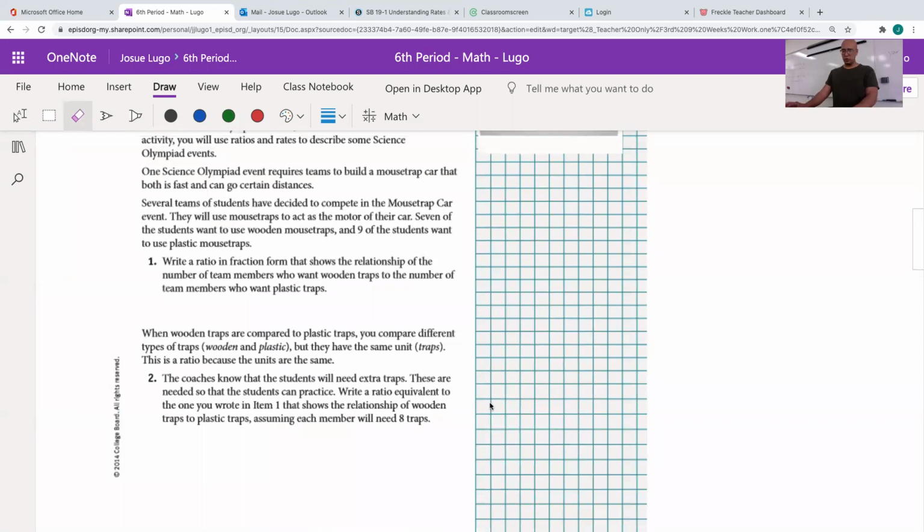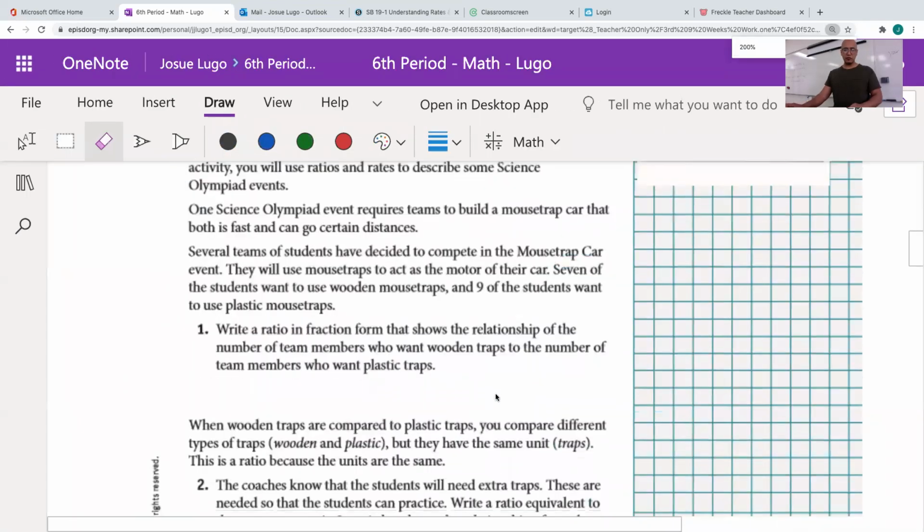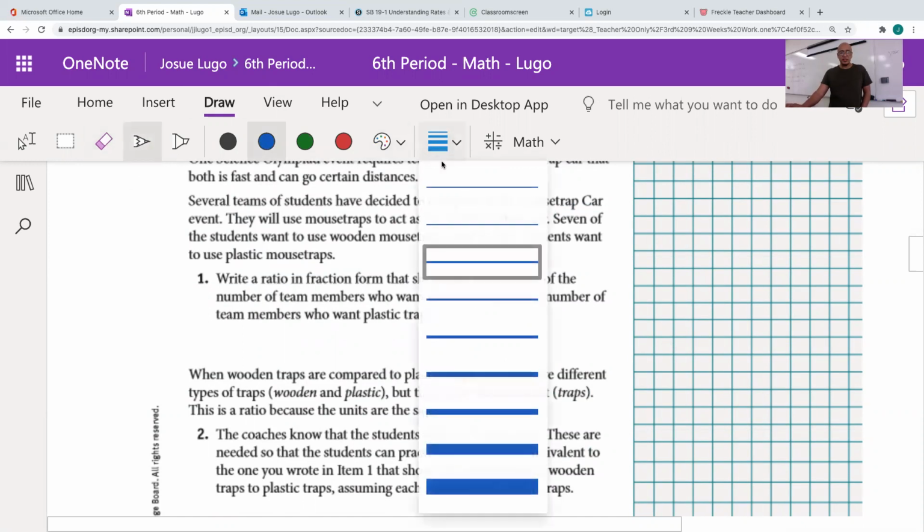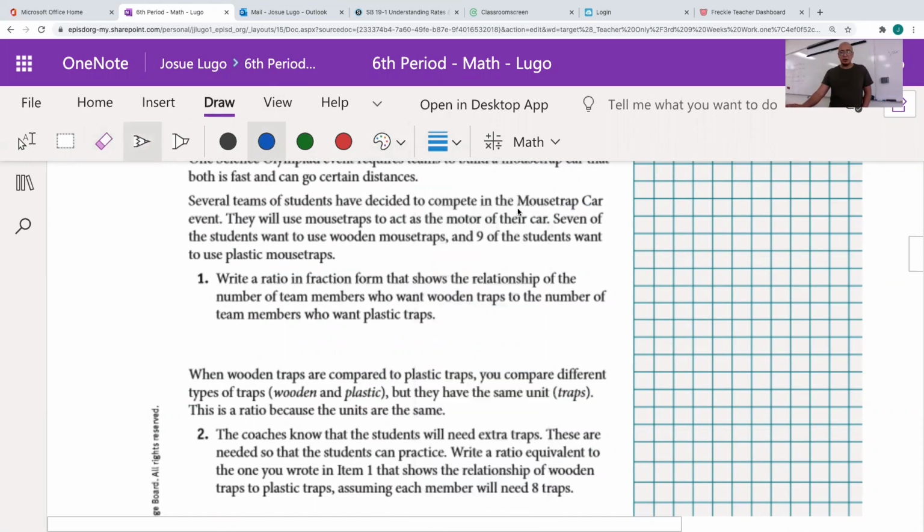Okay, number 1. And instead of reading everything, I'll just explain to you what is happening here. So there's this competition called the Science Olympiad, where they're going to be racing these mousetrap cars. In other words, if you've ever seen a mousetrap, like in the show Tom and Jerry, if you haven't, just bear along with me.